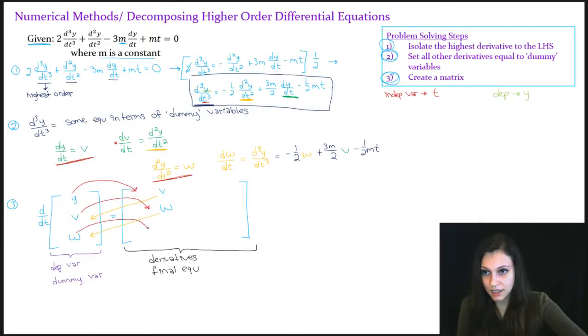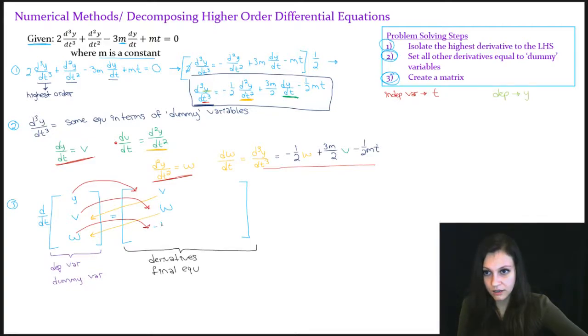And then I'm going to take the derivative of w. And the derivative of w is our equation in terms of dummy variables. So I'm going to take and put that equation in this third spot on my right-hand side matrix.